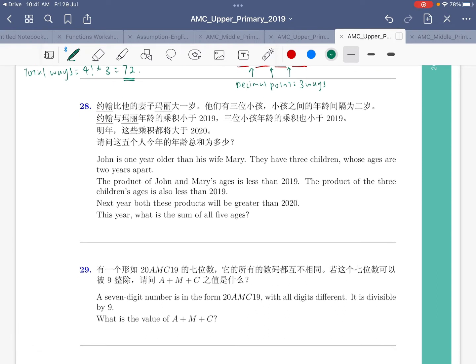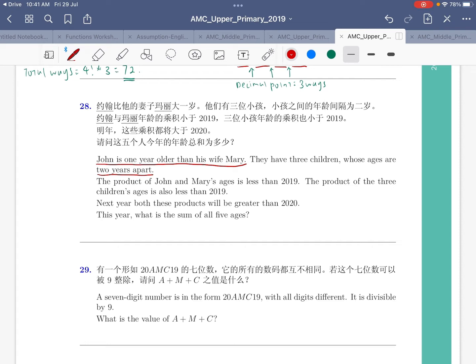Now in this case, John is 1 year older than his wife, Mary. They have 3 children whose ages are 2 years apart. So the 3 children's ages are 2 years apart from each other.